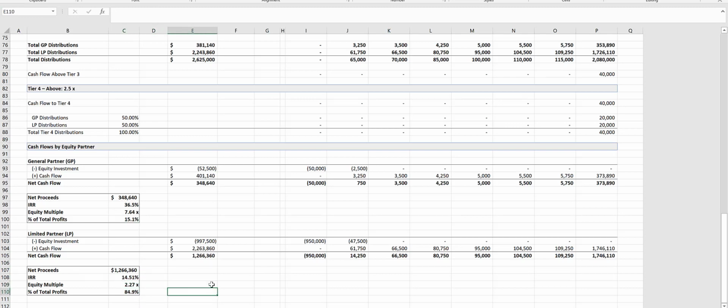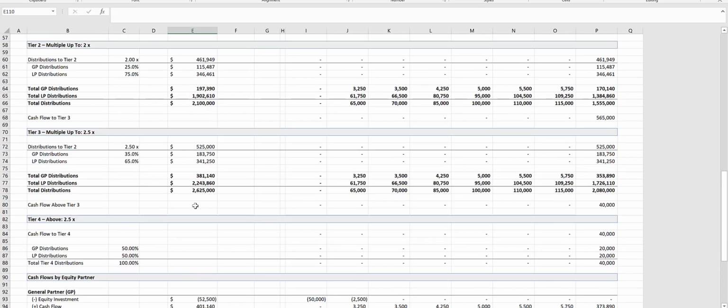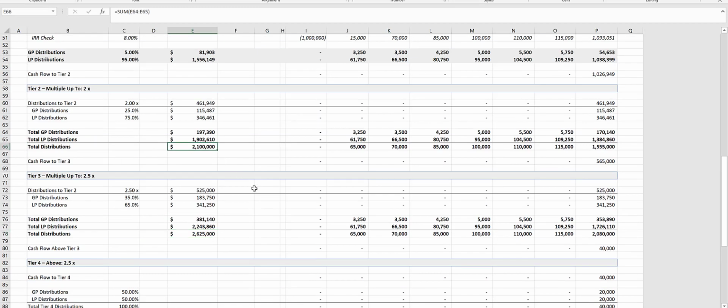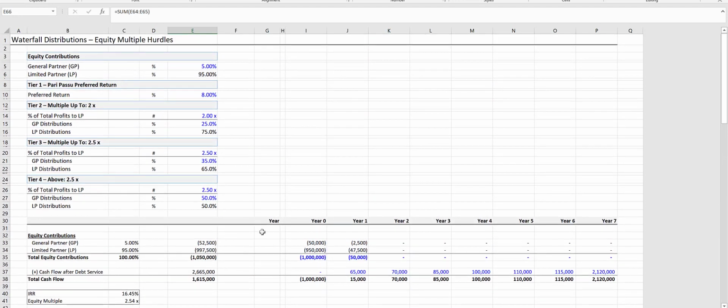And there we go. So we can check to make sure everything's right by using the percentage of total profits. That should add up. We've checked in each tier. 2.625 is 2.5 times. 2.1 is 2 times the 1,050,000. And so now we can play around with this, and let's go back to what we had originally. 1.5x, 2x, and 2x.